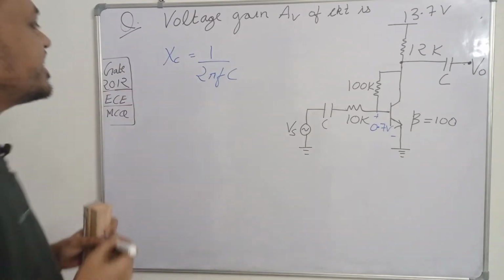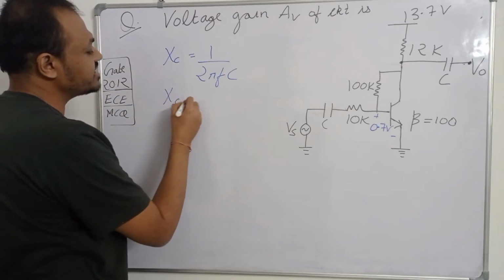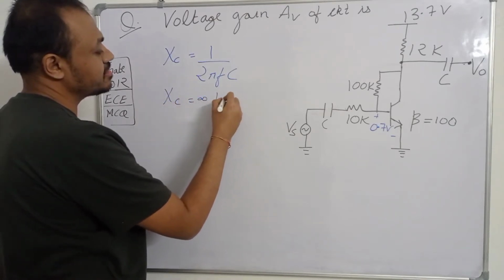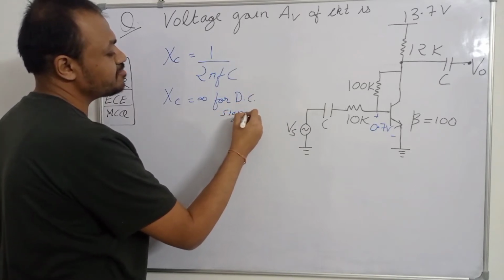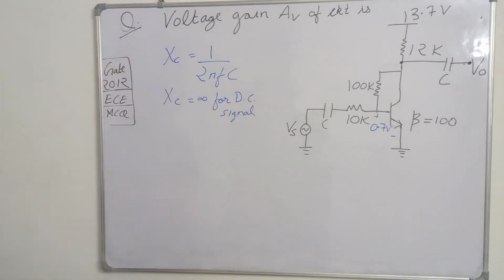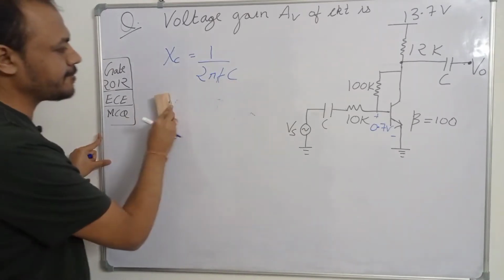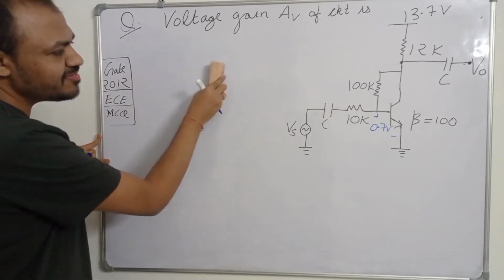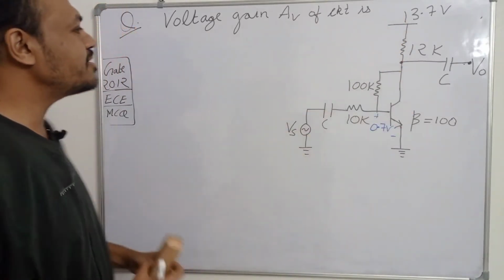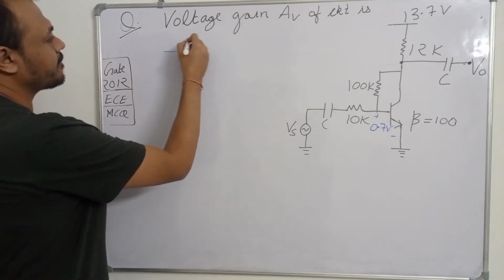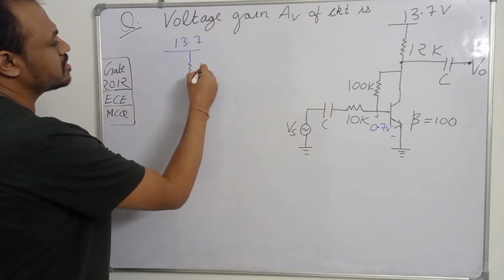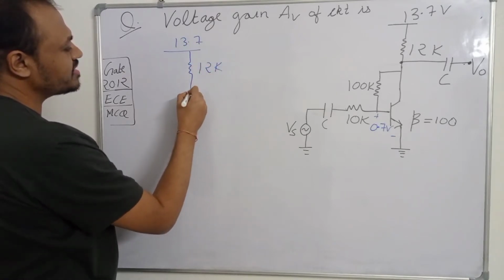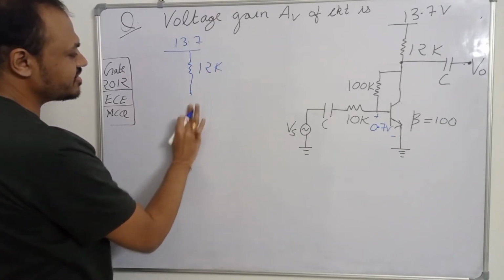So Xc is infinite for DC signal. So the capacitor is replaced by open circuit. If we replace the capacitor with open circuit, then we are left only with this figure.